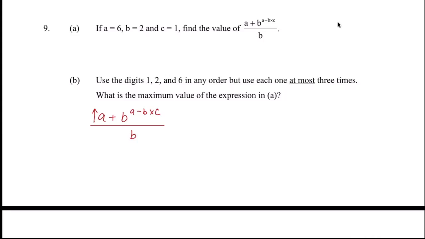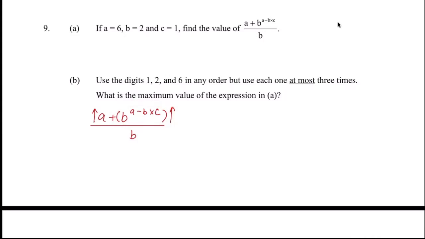The bigger the A is, the bigger the whole fraction is. Same as this part here. The bigger B to the power of A minus B times C is, the bigger the fraction is, right? It's also because this whole part is part of the numerator.